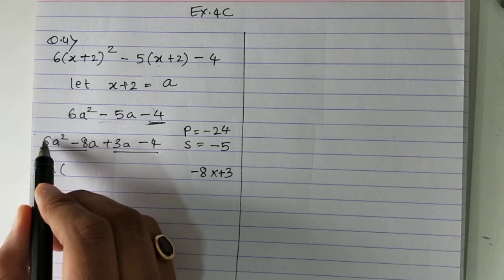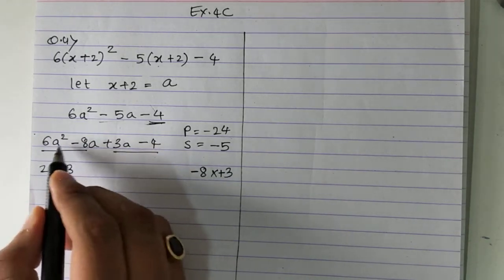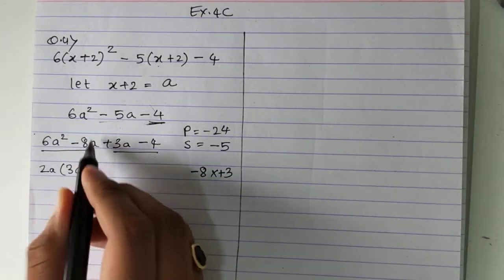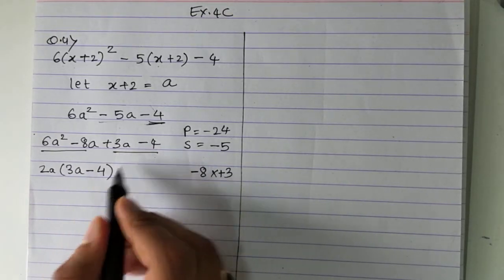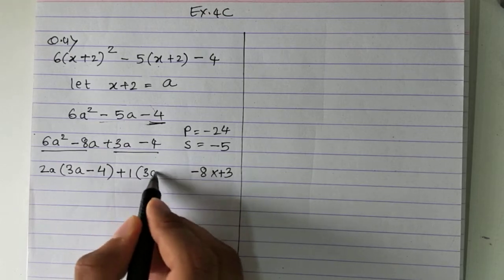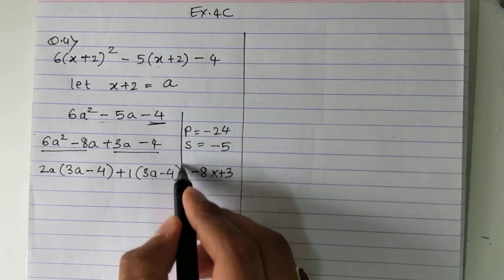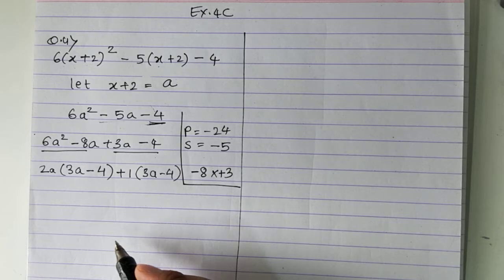What will remain here? 6 divided by 2 is 3 and 1a will remain, minus 8 divided by 2 is 4. Then here nothing is common, means I'll take 1 common. When there is no number common, we take it as 1.